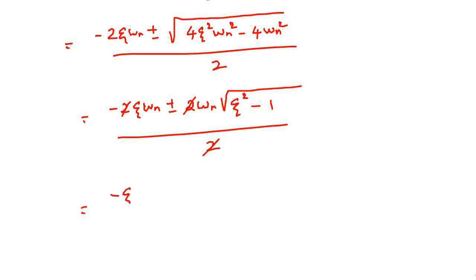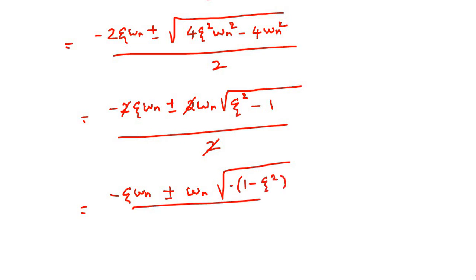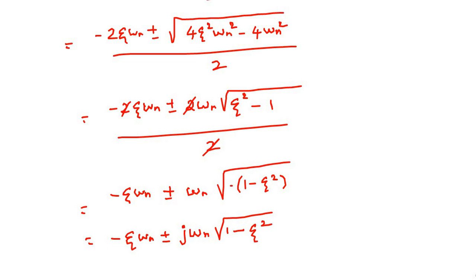If I do it step by step, minus zeta omega n plus or minus, I will write the inside term as minus times 1 minus zeta square. So root of minus 1 is nothing but j. Okay. So now I will write this as minus zeta omega n plus or minus j omega n into root of 1 minus zeta square, where square root of minus 1 becomes j.